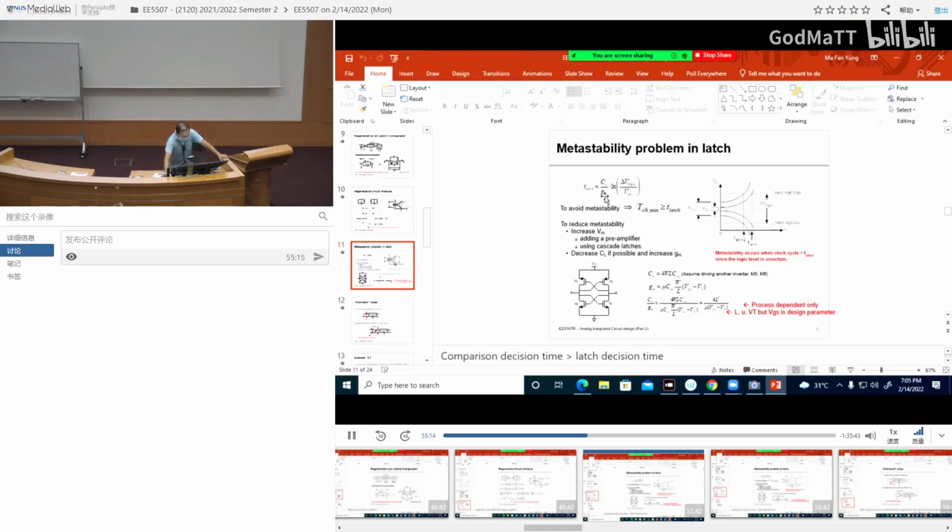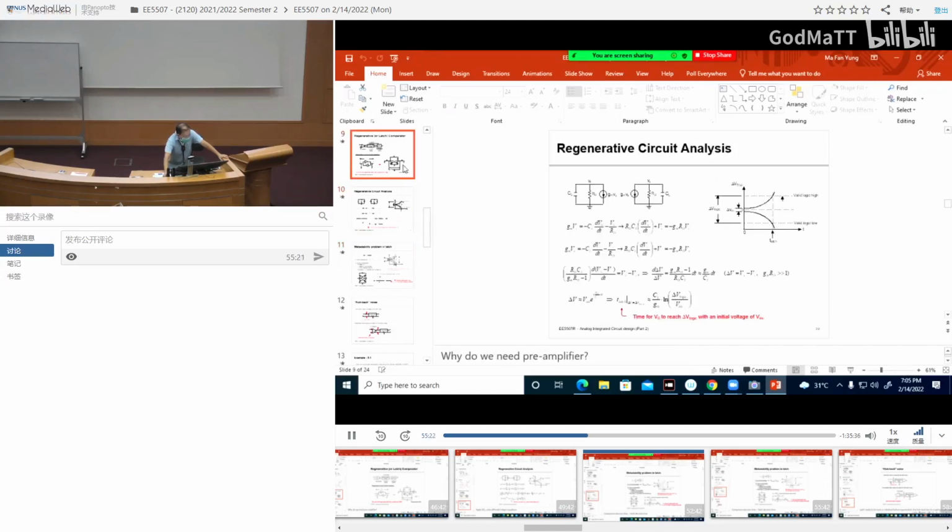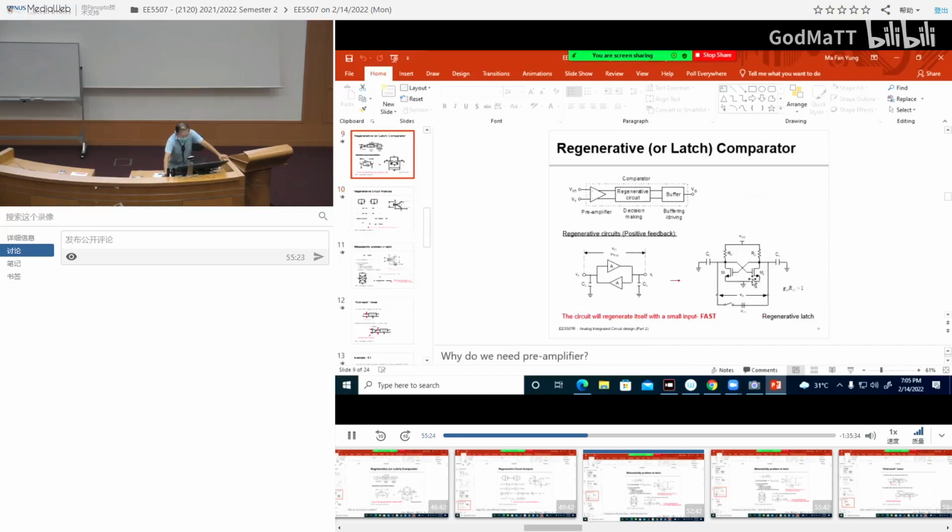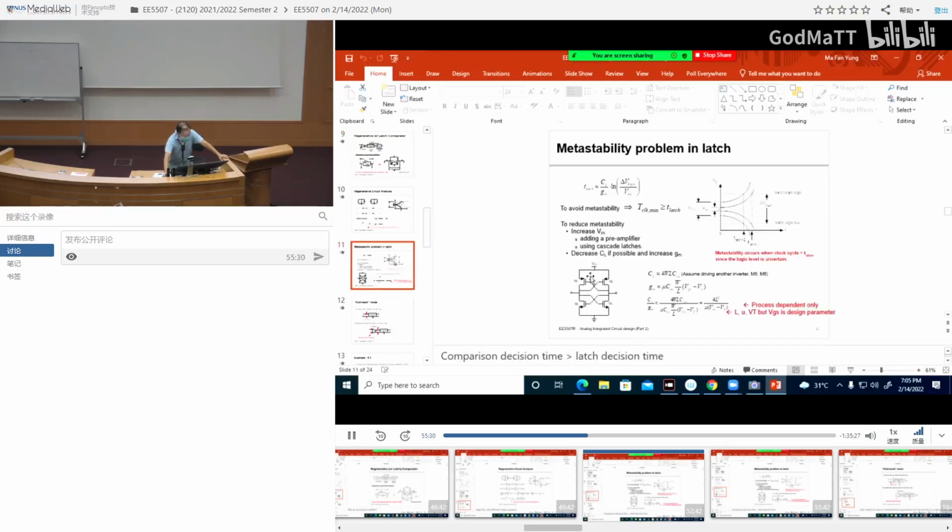So here is one example. Previously we saw the circuit in slide 9, just 2 NMOS cross-coupled. Now in slide 11, not only 2 NMOS cross-coupled, I add 2 PMOS cross-coupled on top of it.